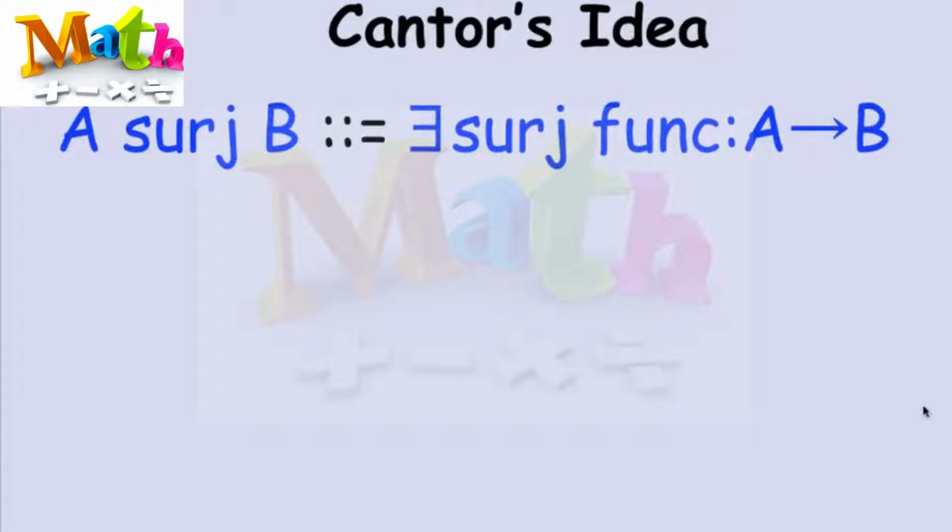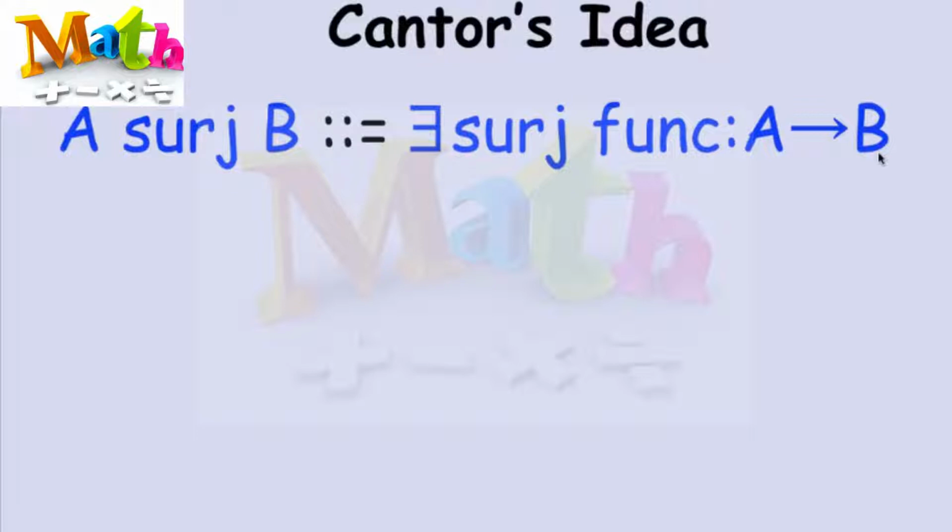We know from the mapping lemma that if you're looking at finite sets A and B, then the size of A is greater than or equal to the size of B if and only if A surj B, where surj is this technical relation, which means there exists a surjective function from A to B, that is a function with greater than or equal to one arrow into every element of B. And Cantor's idea was saying, well, it works fine for finite sets.